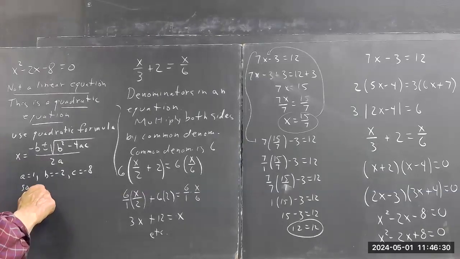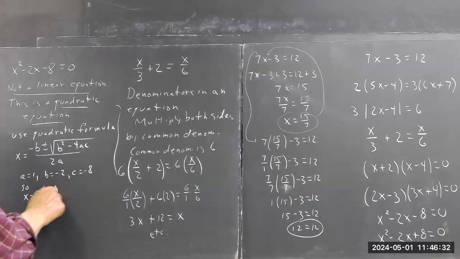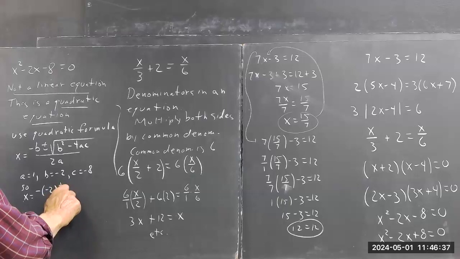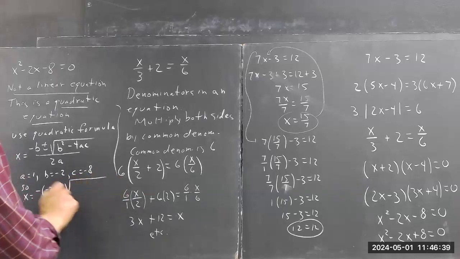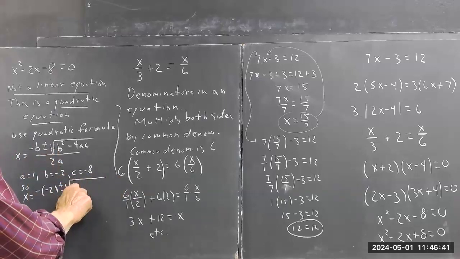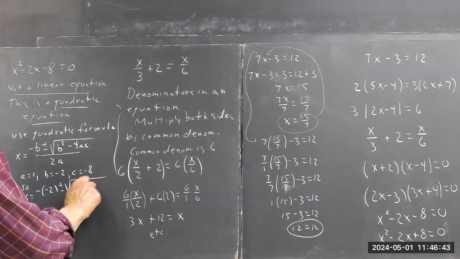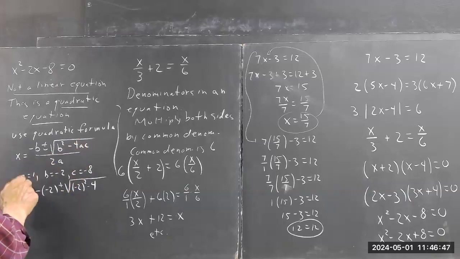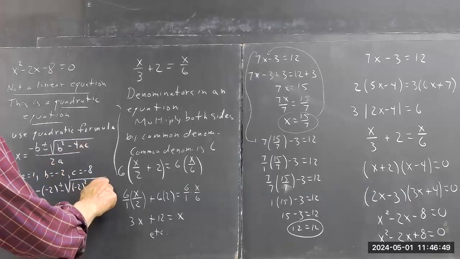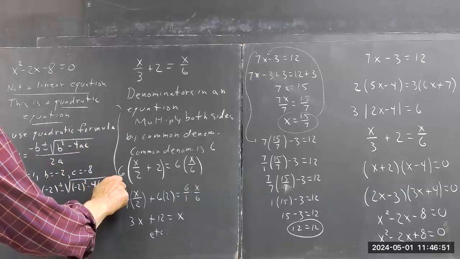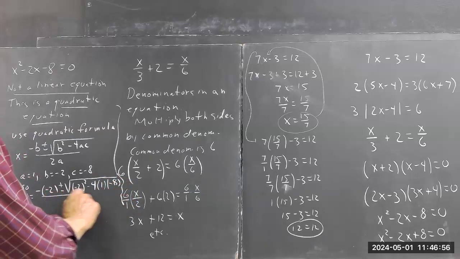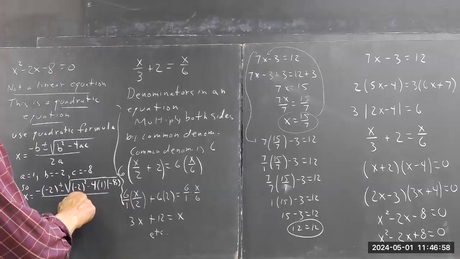So x equals the negative of negative 2, because b is negative 2, plus or minus the square root of b squared, which is negative 2 squared, minus 4ac. A is 1, c is negative 8. All that divided by 2 times a.